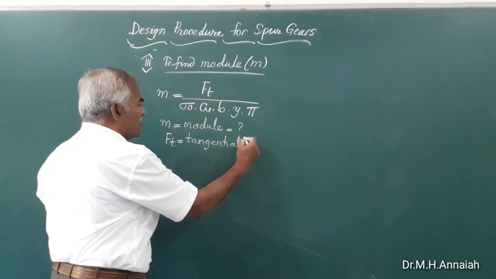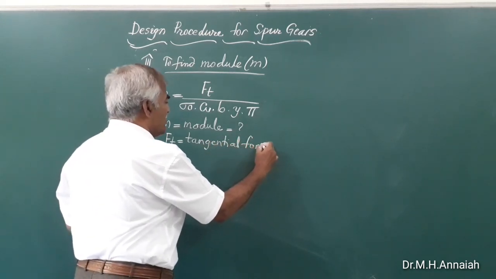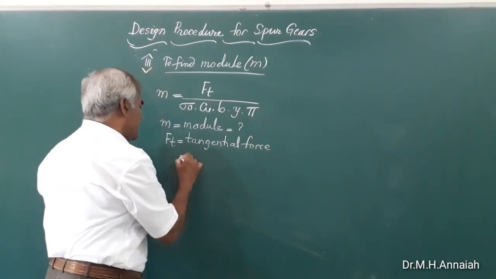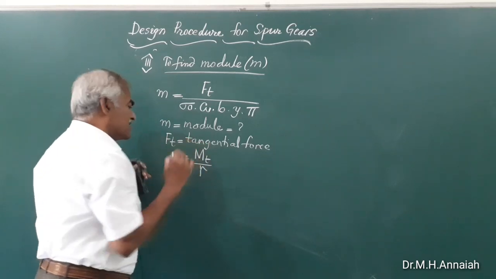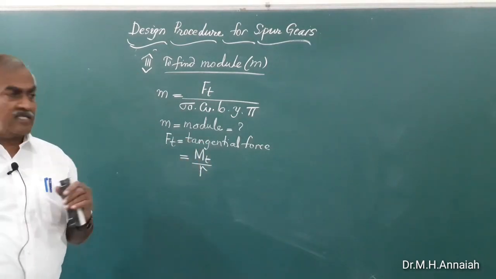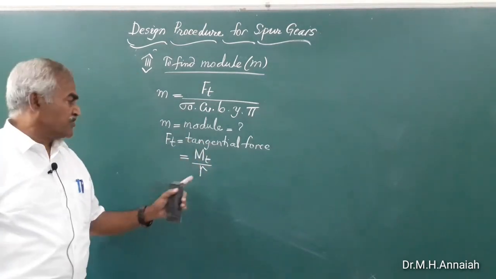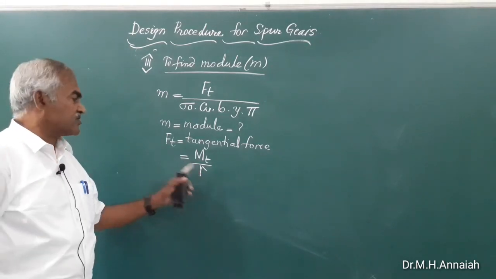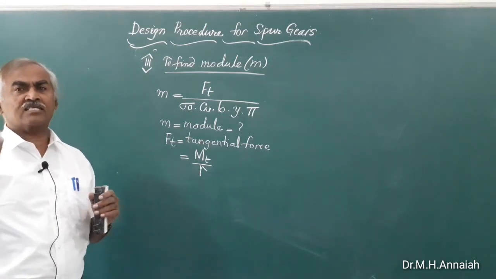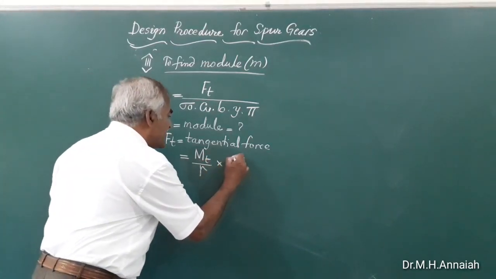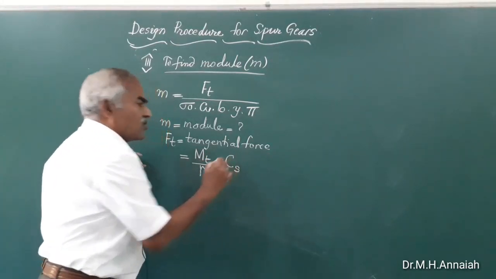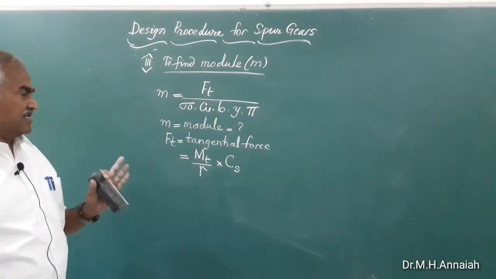Tangential load or tangential force on the gear is given by the torque divided by the radius. When I say the torque and radius, this radius refers to the radius of the weaker member, and this is multiplied by Cs, which is called the service factor.